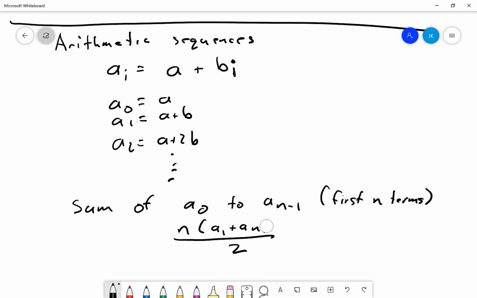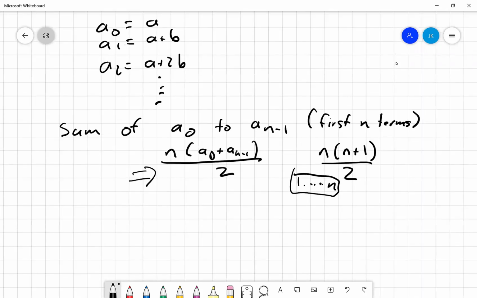Sorry, not a1 to an, it's a0 to a n minus 1: n times a0 plus a n minus 1 over 2. An example of this that you often see is when a is nothing, and you end up starting with a1 effectively, or you can also think of it as the value of a is equal to b. This is where you get the very common n times n plus 1 over 2 to get the sum of the numbers from 1 all the way to n. So the sum of the numbers from 1 to n is n times n plus 1 over 2, but this is the more general term that you can use.